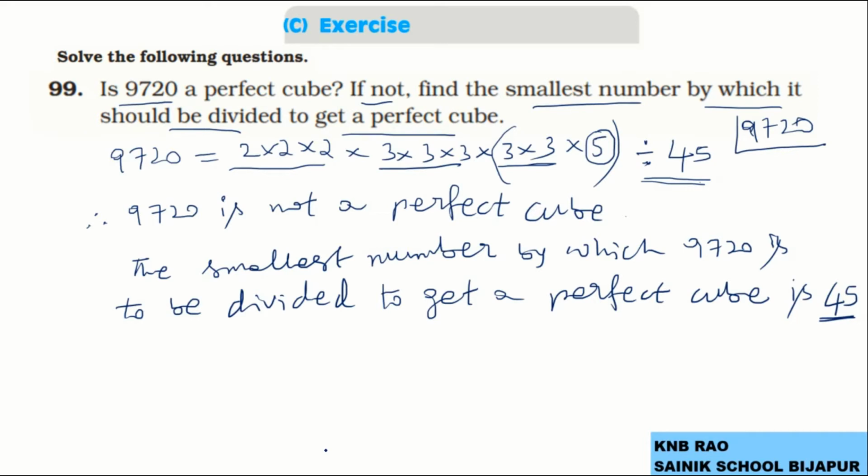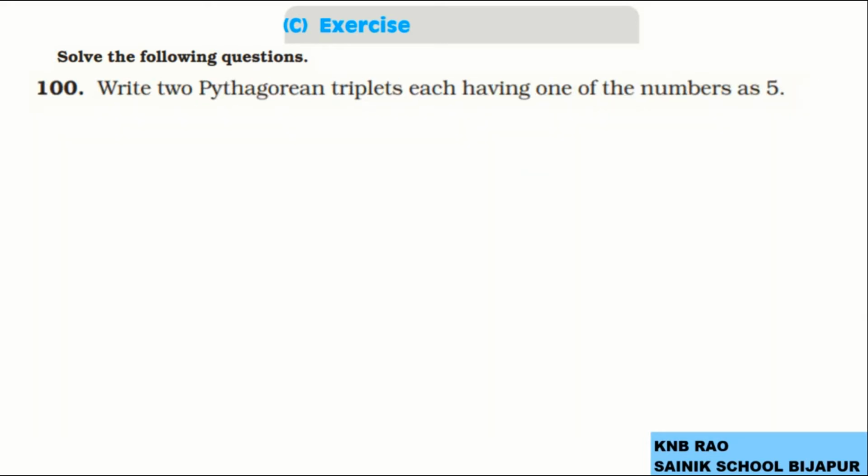Now coming to the question number 100. The question number 100 is, write 2 Pythagorean triplets each having one of the numbers as 5. You know, Pythagorean triplets should satisfy the condition of the Pythagoras theorem.